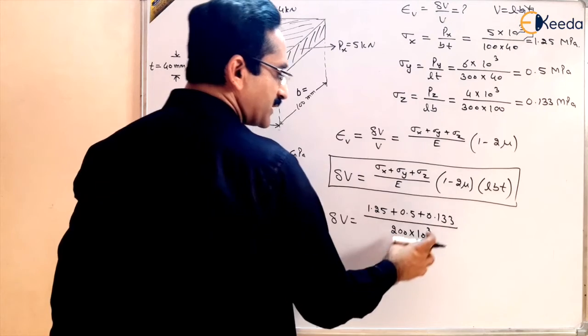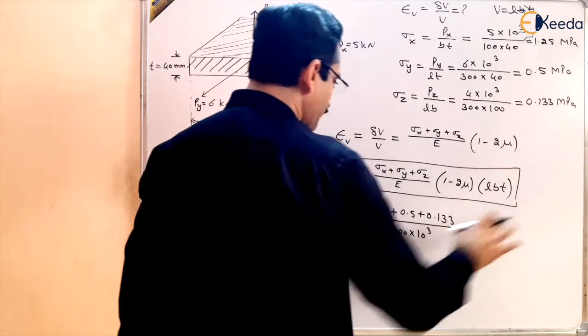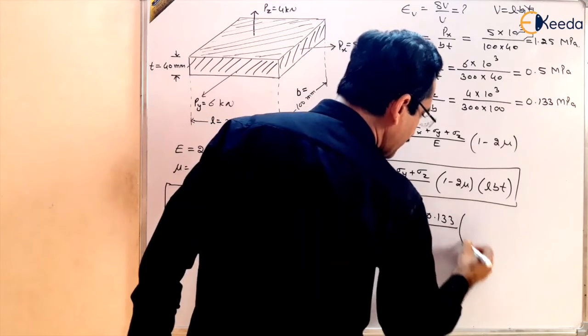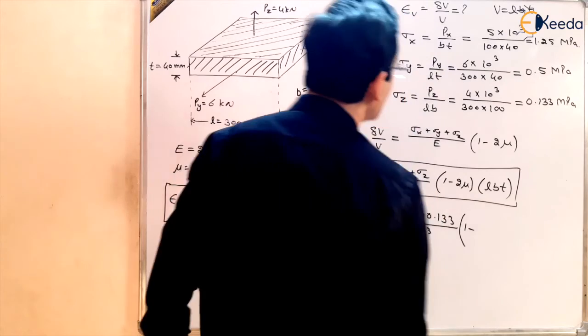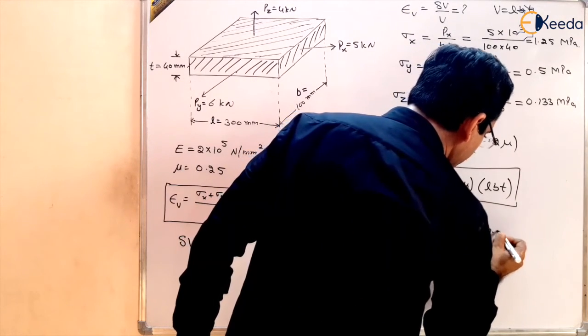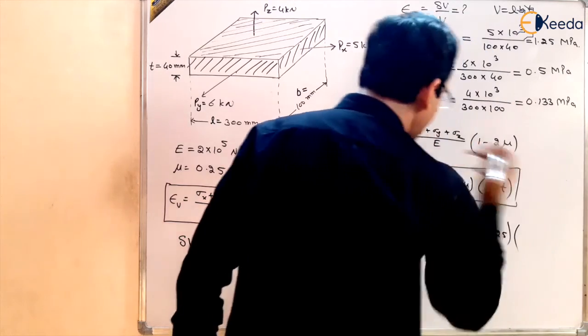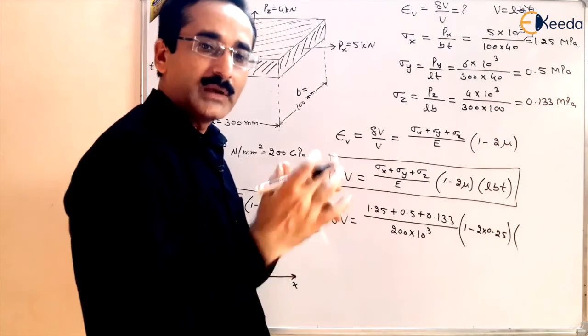Stress is in megapascal, E in megapascal, so they will cancel out. So the answer will come in meter cube or millimeter cube, whatever the unit of LBT. Then 1 minus 2 mu, where mu is 0.25, multiplied by LBT, 300, 100 and 40.